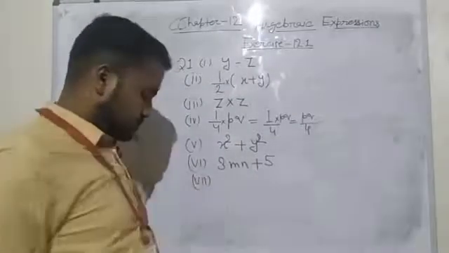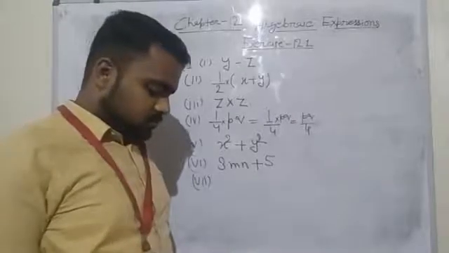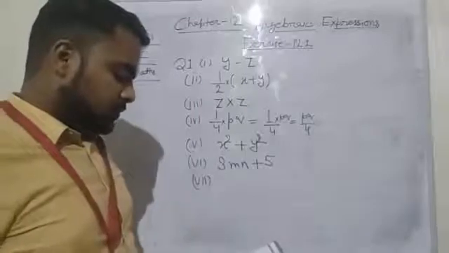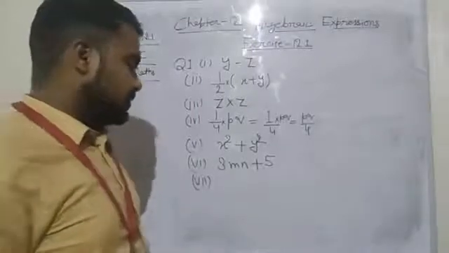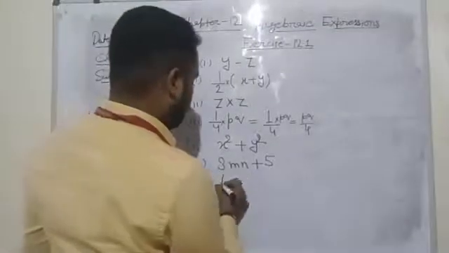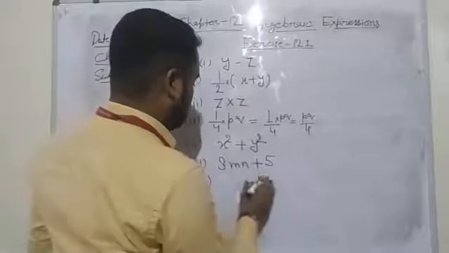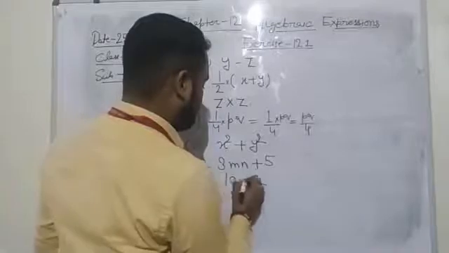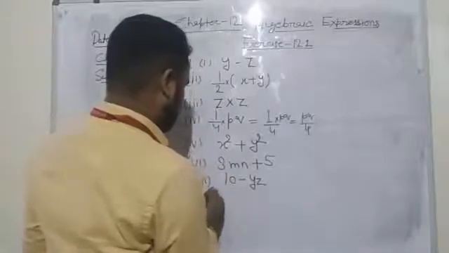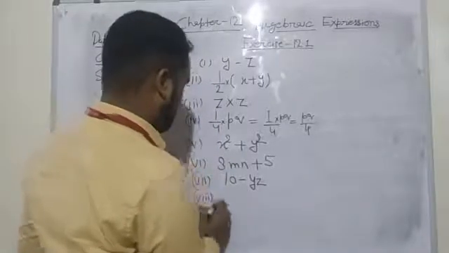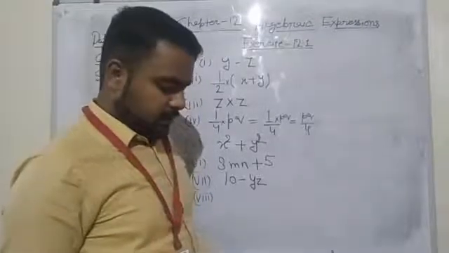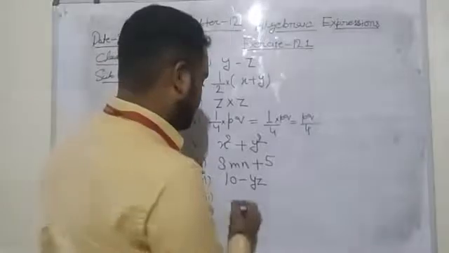Seven. Product of numbers y and z subtracted from 10. We have to subtract the product of yz from 10. Eighth, sum of numbers a and b subtracted from their product.